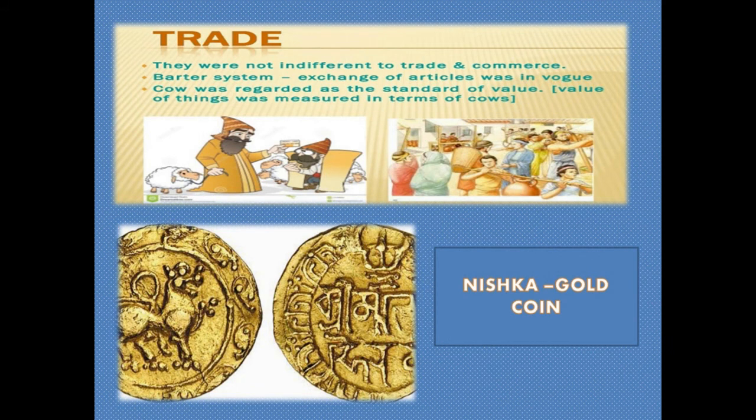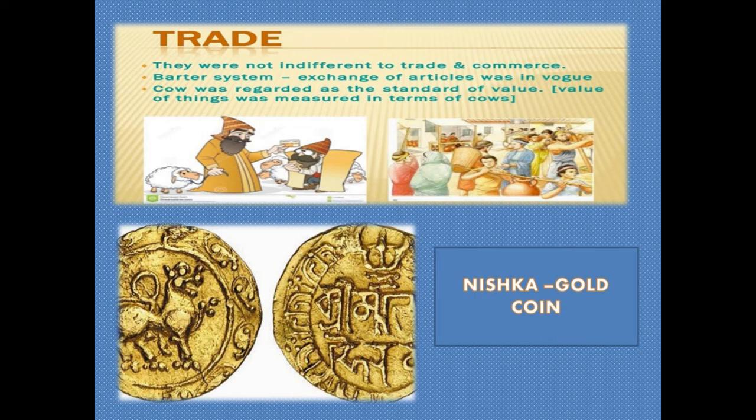Trade was actually carried on. Commerce also existed. The barter system of trade flourished in the early Vedic period, and gradually there was a transition. There were changes in trade and commerce in the later Vedic period.